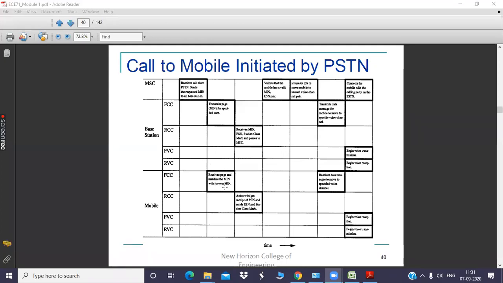So after verifying the MIN number, what will the mobile do? Mobile user will send the acknowledgement regarding the receipt of this MIN number. Along with that, he will send another identification number, that is the station class mark, to the base station.